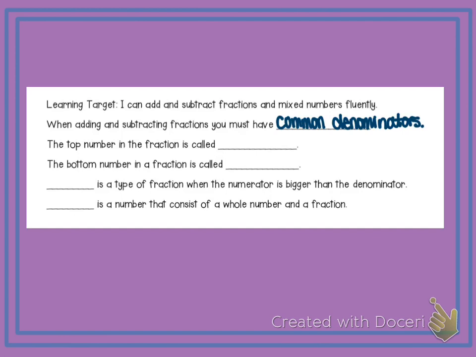The top number in a fraction is called the numerator. The bottom number in a fraction is called the denominator. Blank is a type of fraction when the numerator is bigger than the denominator.